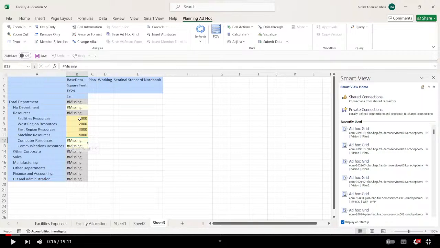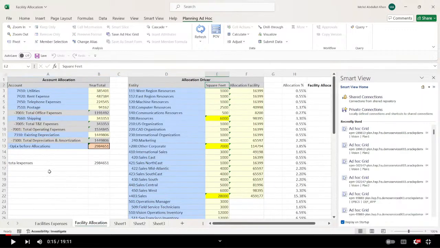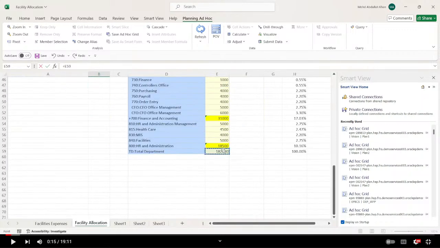This is what we are doing in facility allocations in an easy way. 6,000, submit data, and we get 21,000 here. So this would be the base of our allocation. So the base would be my total department in my current example, which is again 1,82,000 right here.